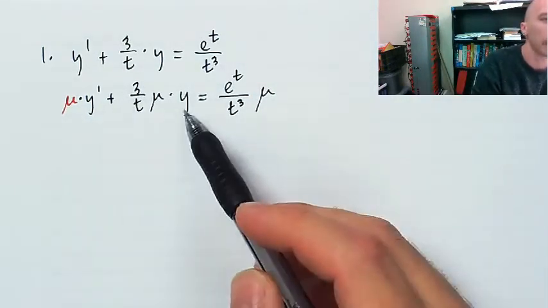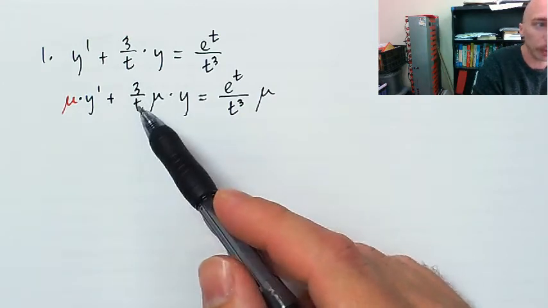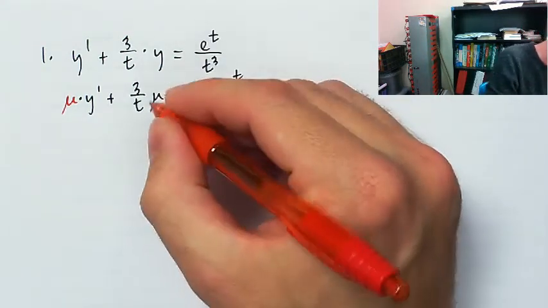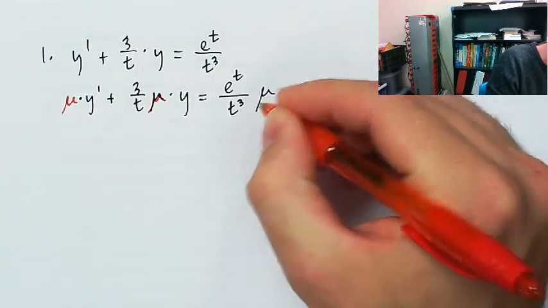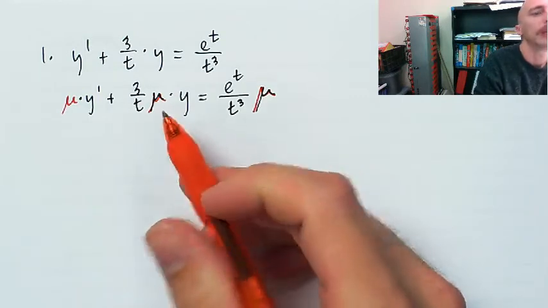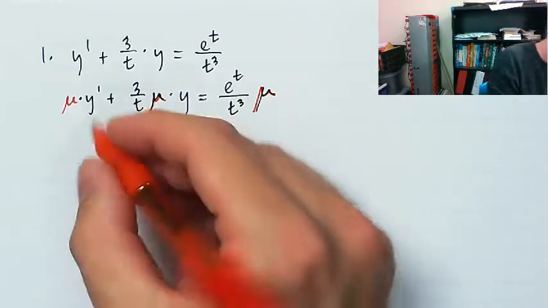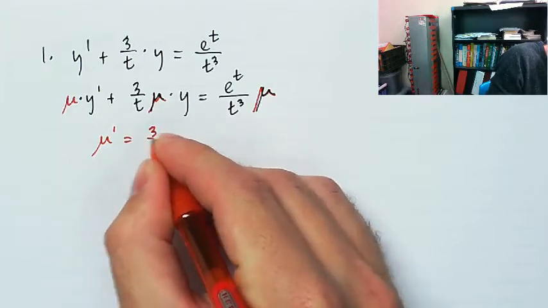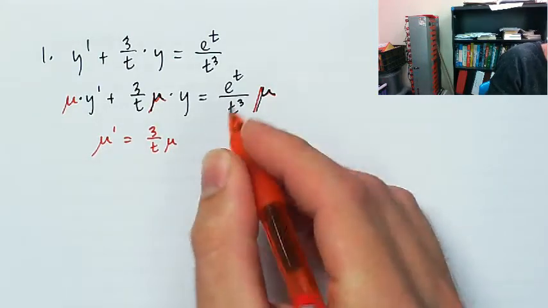And if this is going to work, then this has to be the derivative of mu. So I need that mu prime is going to equal 3 over t times mu.